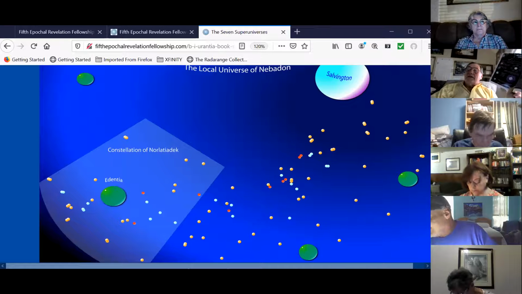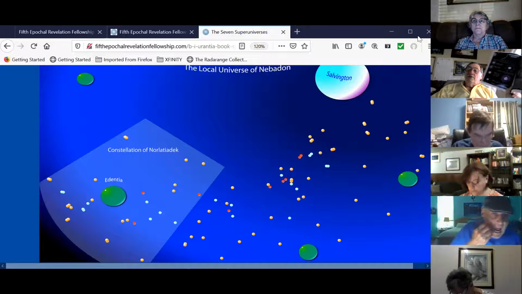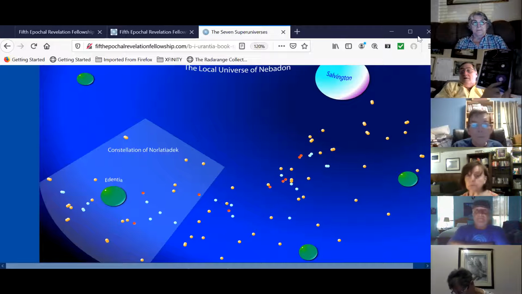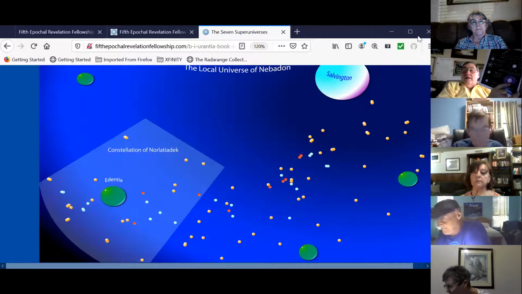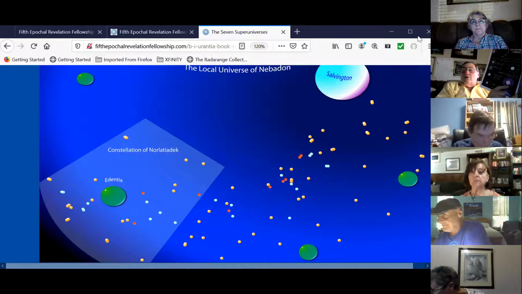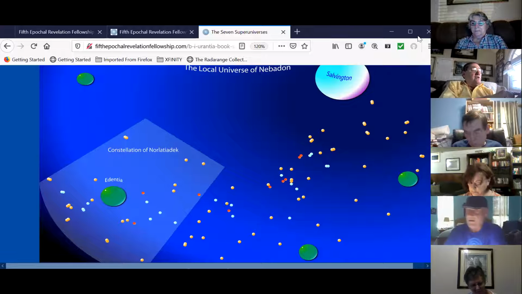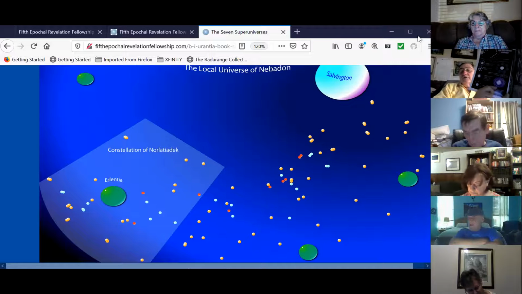Let me see if I can get this up so you can see it on the thing. It is this one right here. Okay, my finger's on it. That's 70 major spheres. Surrounding those 70 major spheres, each one of the 70 has 10 groups, and that makes 490 spheres in our local universe capital.